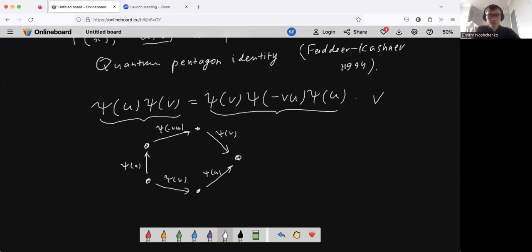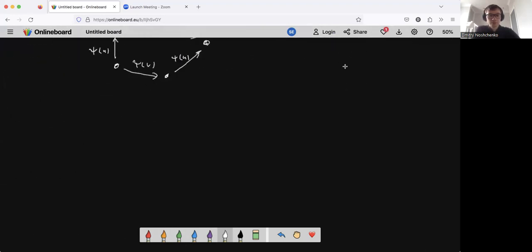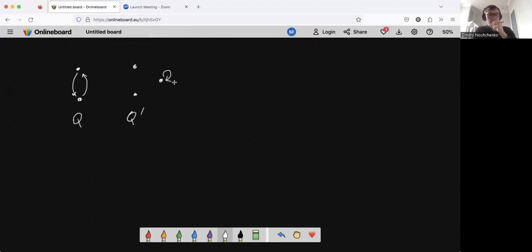So maybe I can go below here. In order to do that, one picks up a pair of quivers which look like that. So this is quiver Q, and we have a quiver Q prime, which is of this form.